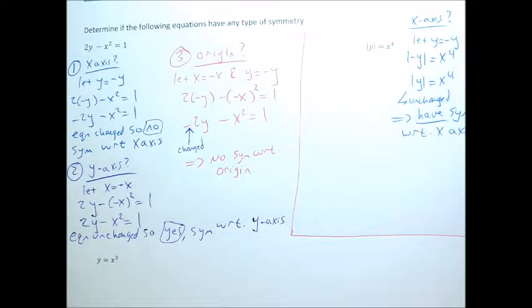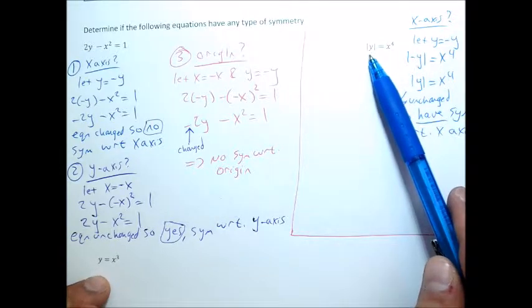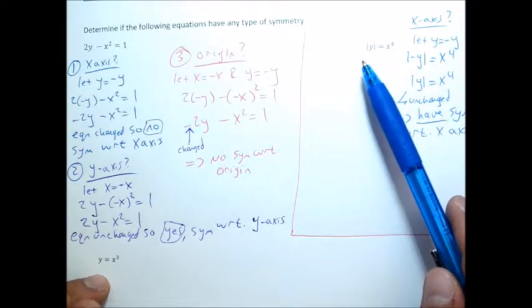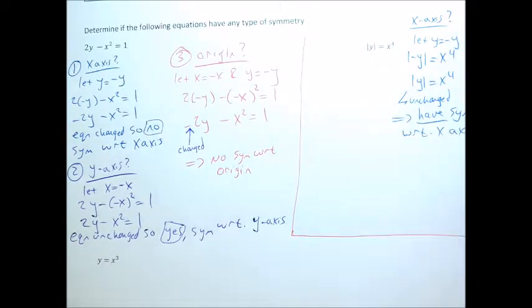Another moral is not just even powers make things positive, absolute values make things positive too. So things with absolute values around them, you'll often see have one type of symmetry, one or the other.